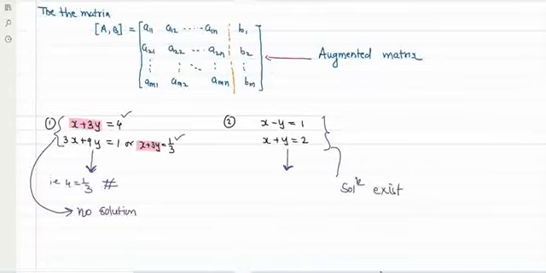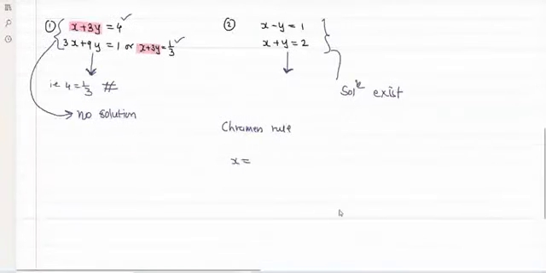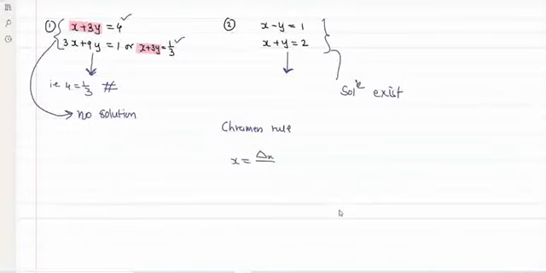I think you have studied Cramer's rule. I will write the formula. While finding x, you are writing delta x upon delta, something like that, correct? And y is equal to delta y upon delta. So whether you have studied when solution does not exist, what is the condition?